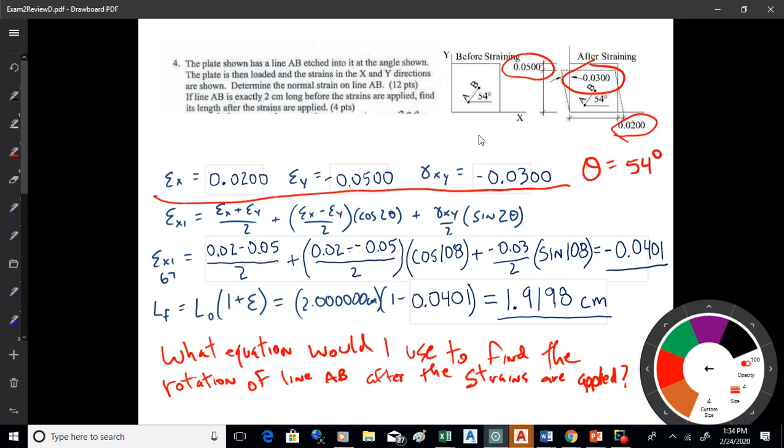Everybody have a look at the formula sheet. It's equation 77, right?